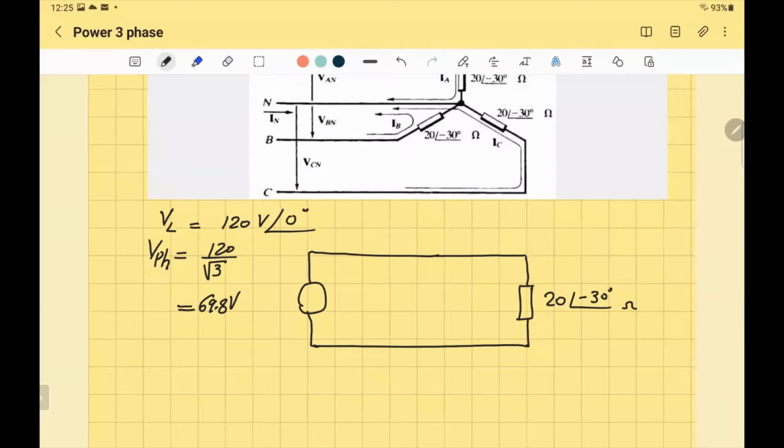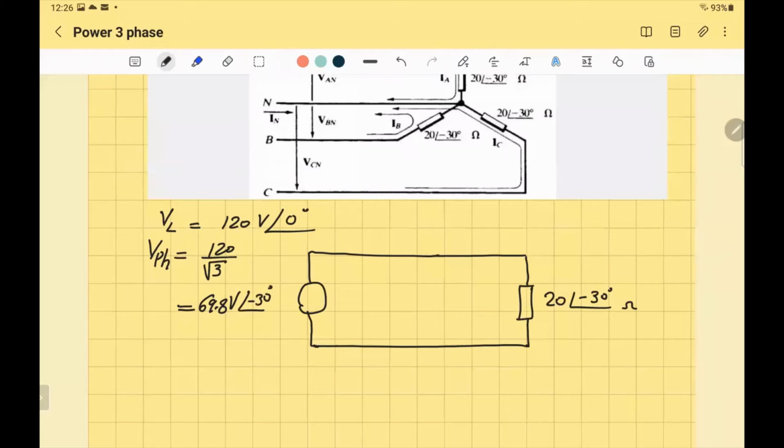Because the line voltage leads by 30, it means that the phase is lagging, and lagging will be negative 30. And why am I saying negative 30? Because we assume that the line voltage given in this problem is at angle 0. Why am I assuming it's equal to 0? Because the angle value was not mentioned, so it's your right to pick it as 0. So you will have the phase voltage at angle negative 30.